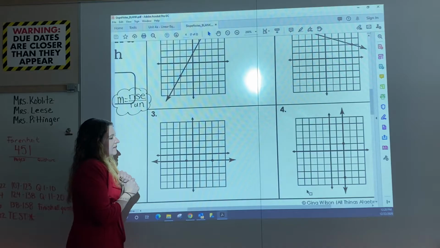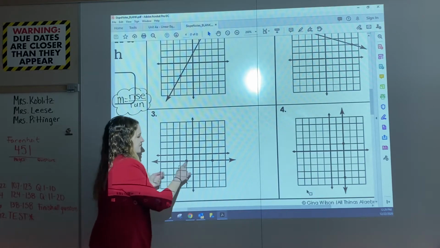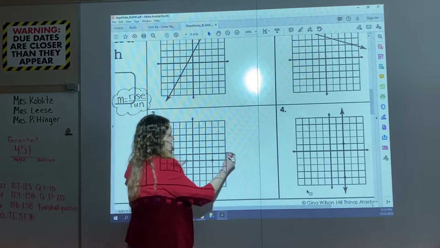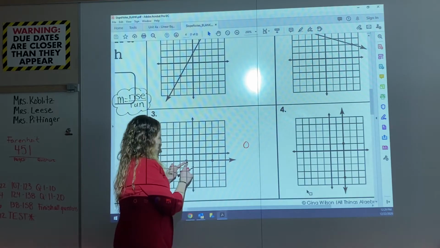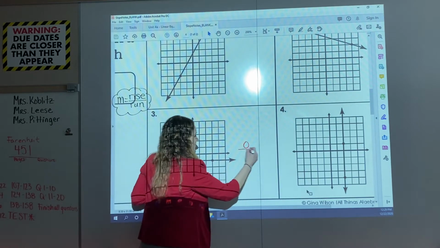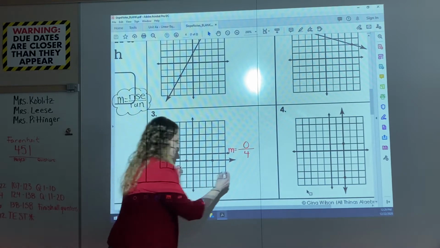However, here let's see if we can count our rise or our run. So from here to here, there's no rise. So we have 0. But then there is run, 1, 2, 3, 4. Okay. So our slope is 0 slope.